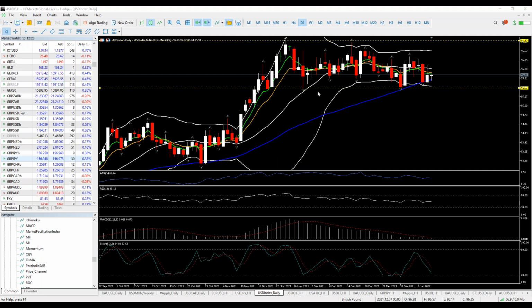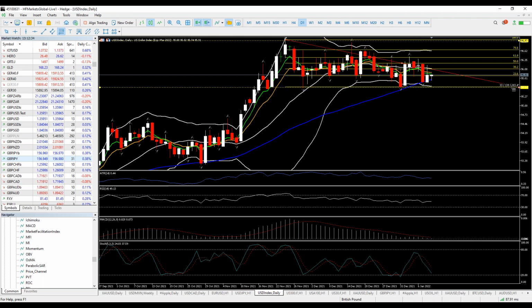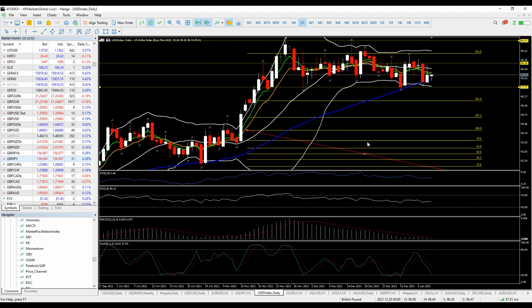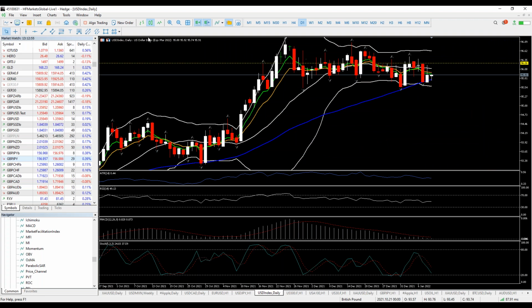in a range, so the average value of the dollar currently, based on the fact that it's trading for nearly 2 months in a row within this range, is at the mid of the range. The mid of the range is at 96.26 more precisely. So I have identified the midpoint of this range.